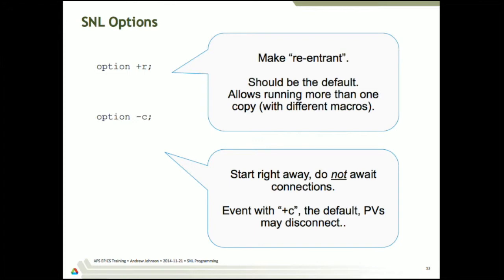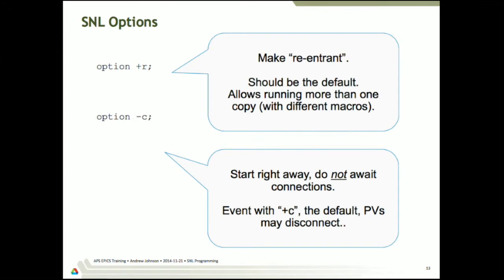The argument on this slide is that since PVs can disconnect anyway, in some cases, your state program probably needs to be able to cope with the fact that channels might get disconnected. So you probably should use this idea of running it and handling the connection within the state programming.